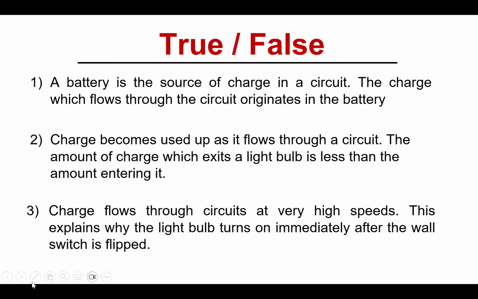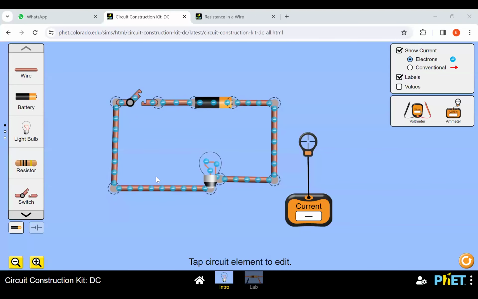Okay, next one. Before I move on, let me share with you an animation or a simulation. Over here I have a circuit. You can see all these are actually the charges.